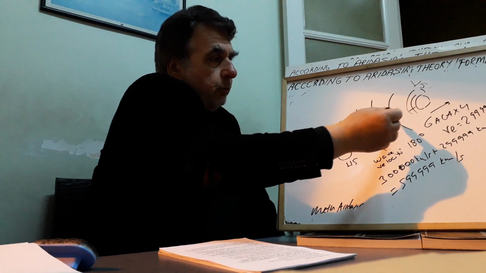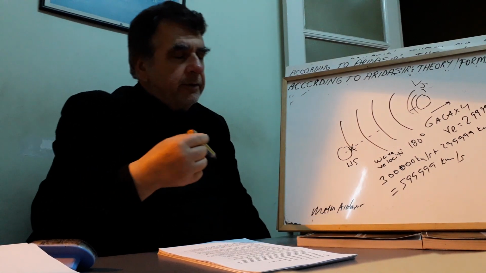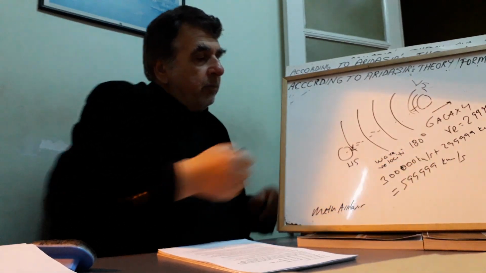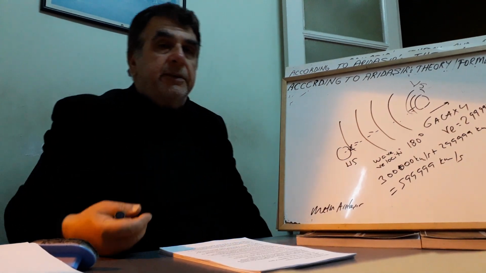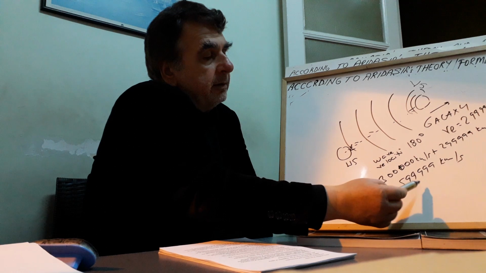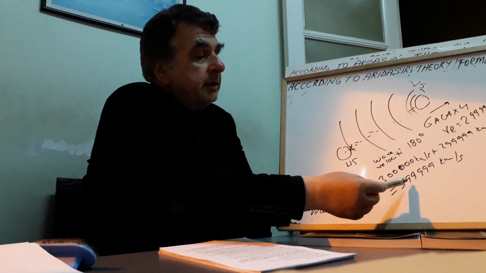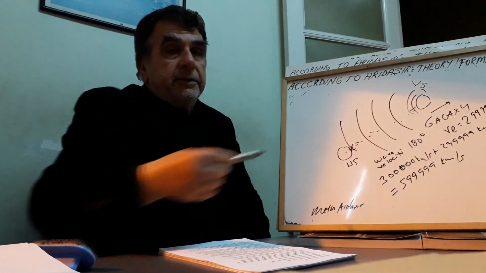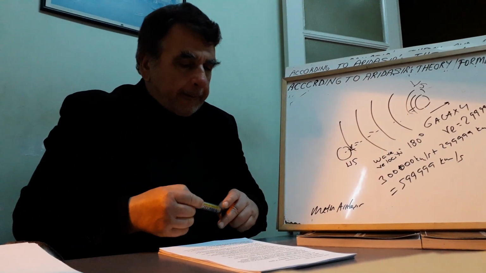Here, each wave opposite its motion direction, 180 degree, will be wave velocity at these points near 2 times greater than the speed of light, 599,999, approximately 600,000 kilometers per second, 2 times greater than the speed of light. Okay.